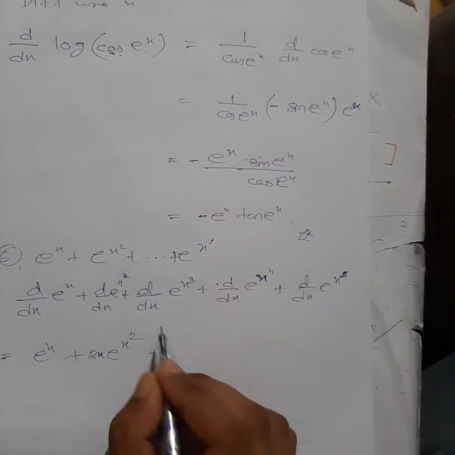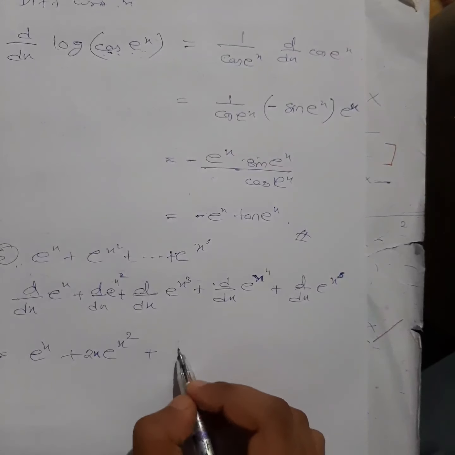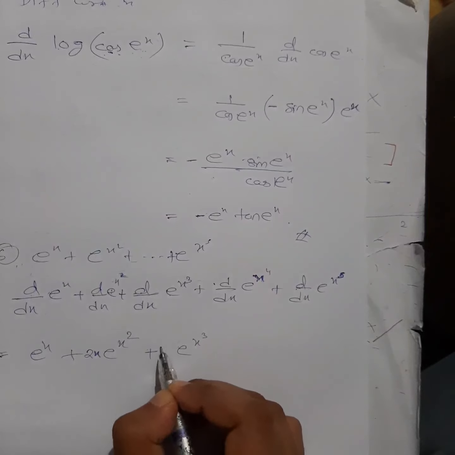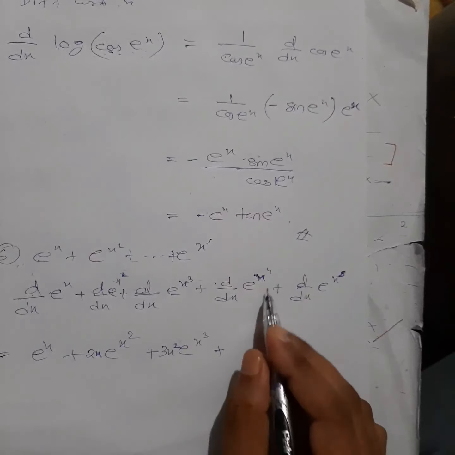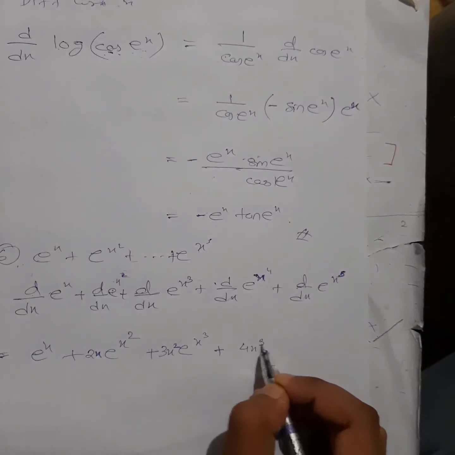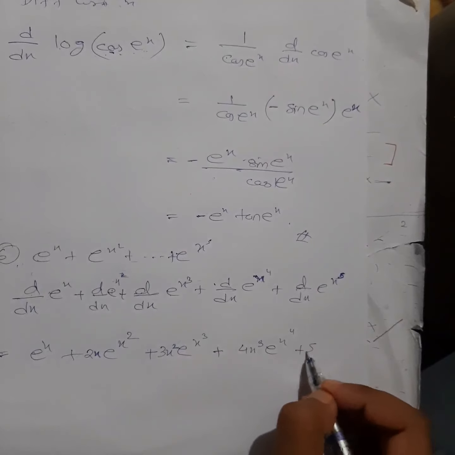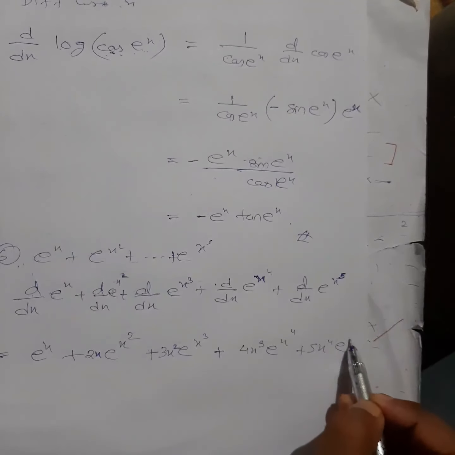Okay, plus d/dx of this one also e^x form, but in place of x you have x cube. So first thing it will be e^x only, x cube again, if you differentiate, 3x square you will get, plus this one again 4x cube e to the power x to the power 4, plus this will give you 5x^4. Remember, one power less always, right? e to the power x to the power 5.